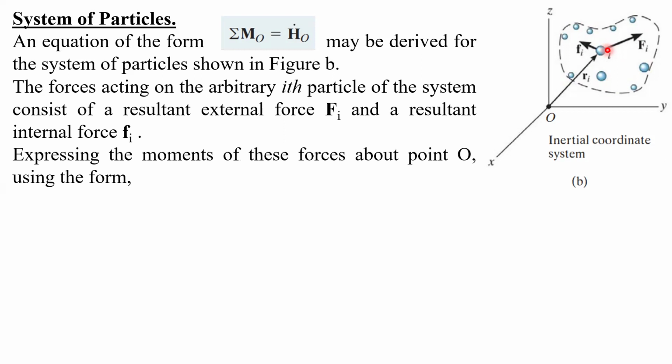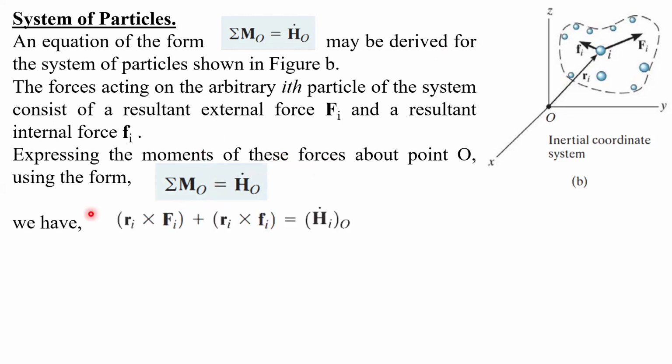small fi. Expressing the moment of these forces about point O and using the form which we have already established earlier, we have Ri cross Fi plus Ri cross fi is equal to this.